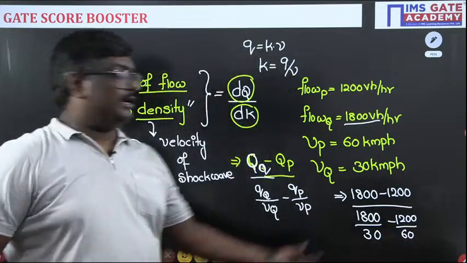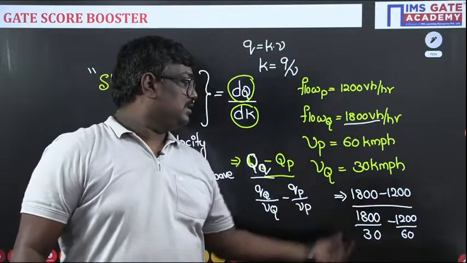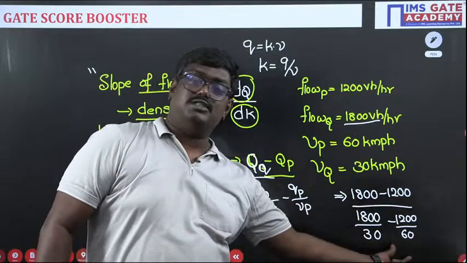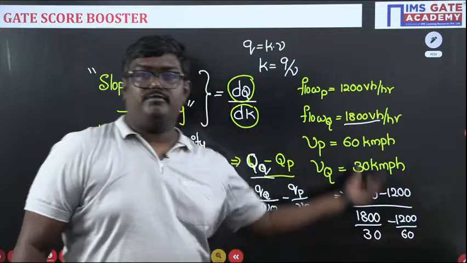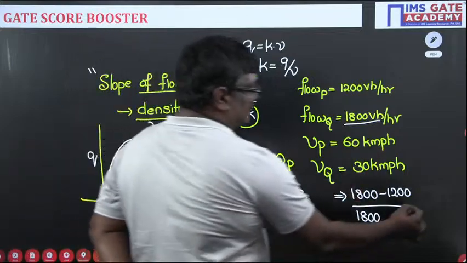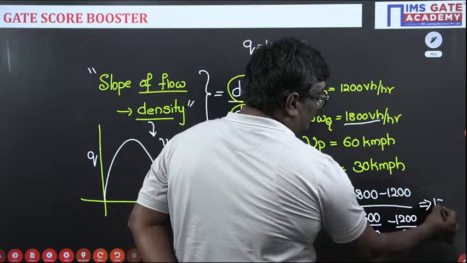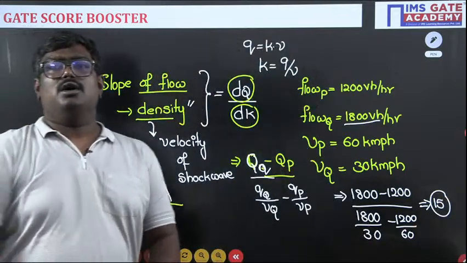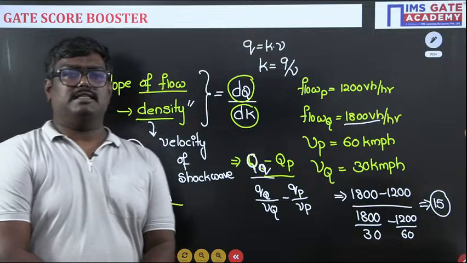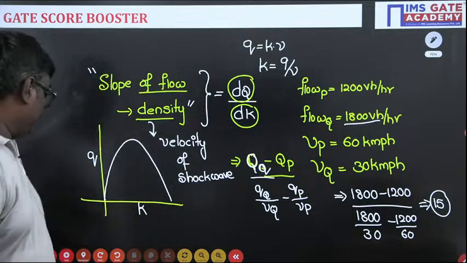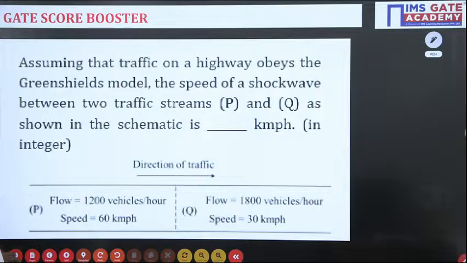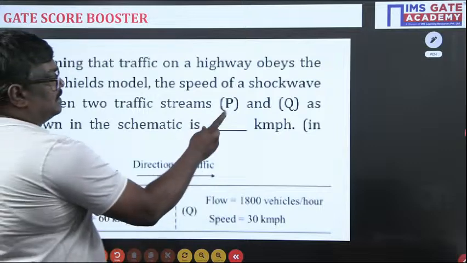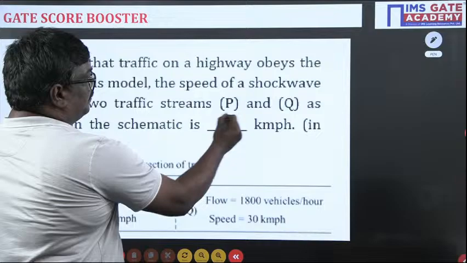So 1800 minus 1200 is 600, and this is 60 minus 20, so you will get 40. 600 by 40 is nothing but 15 kilometer per hour. So the velocity of the shock wave is nothing but 15 kilometer per hour.